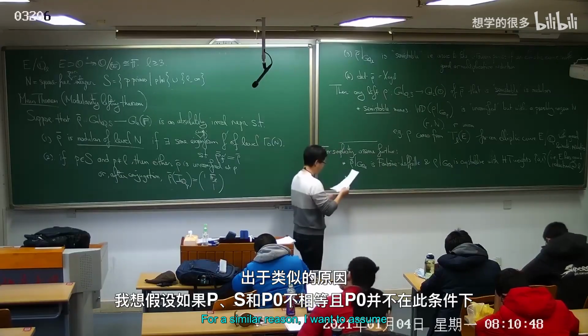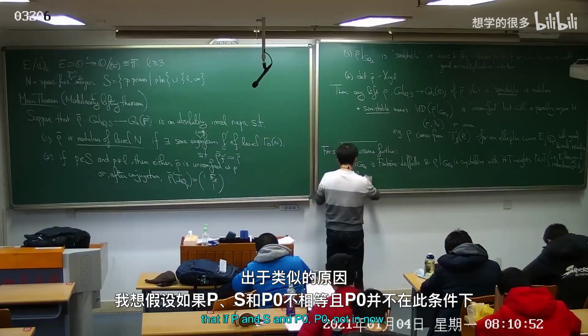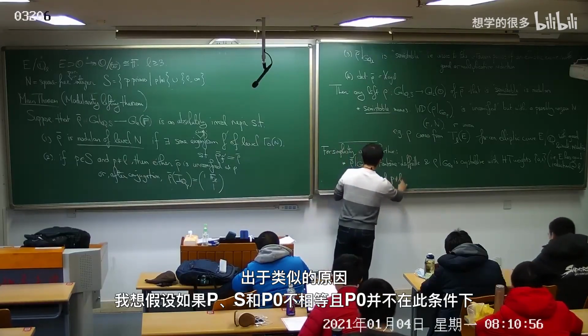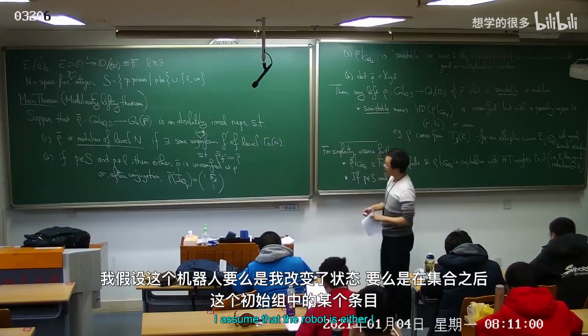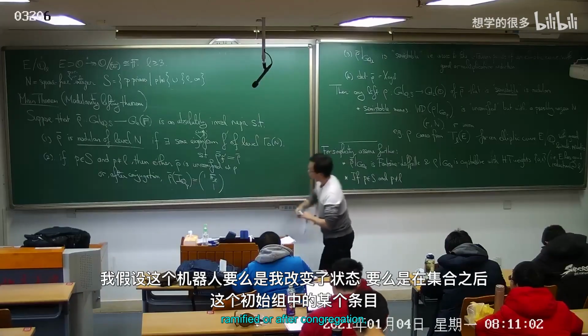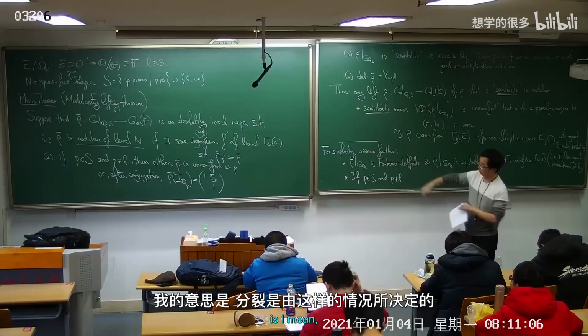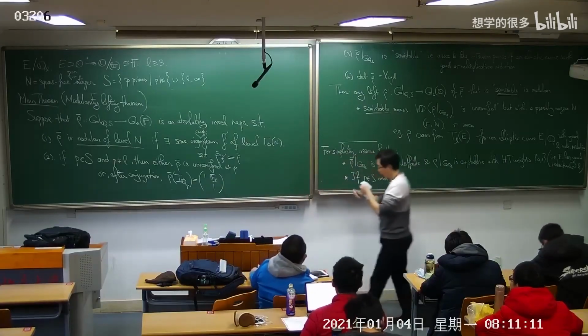For a similar reason, I want to assume that if p in S and p not equal to L, so this condition here, I assume that the rho bar is either unramified or, after conjugation, the ramification is given by such.